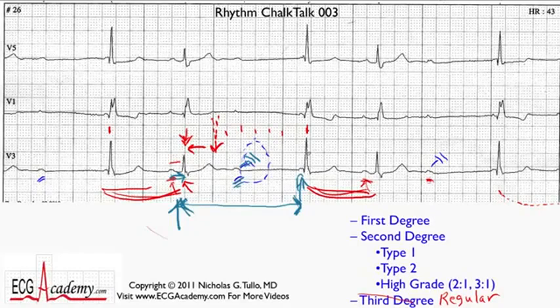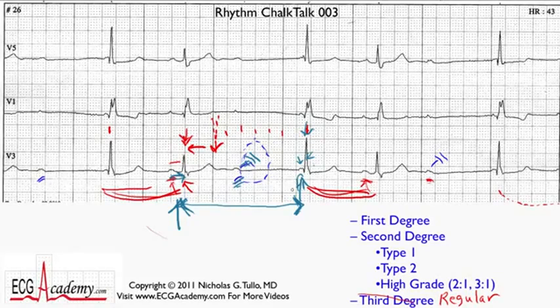So an area in the conduction system fires as an escape focus because the normal escape rate of the AV junction is about, like I said, 40 beats per minute or so, and this is clearly lower than 40 beats per minute. So that would explain why the P and the QRS occur nearly simultaneously, and that's because this happens to be an escape beat.